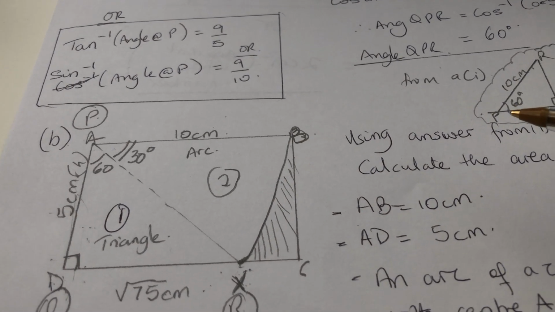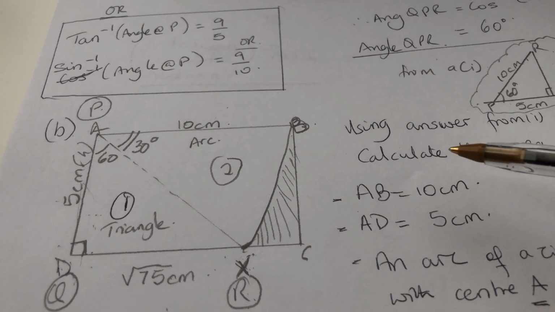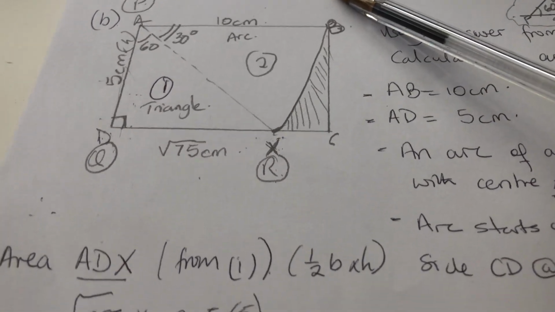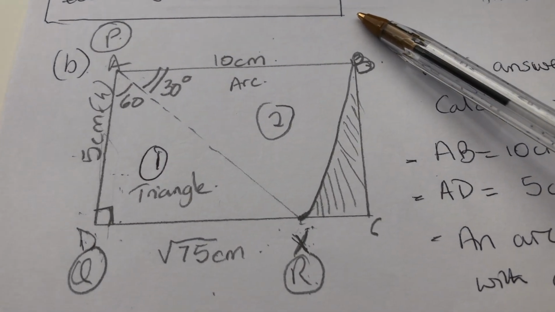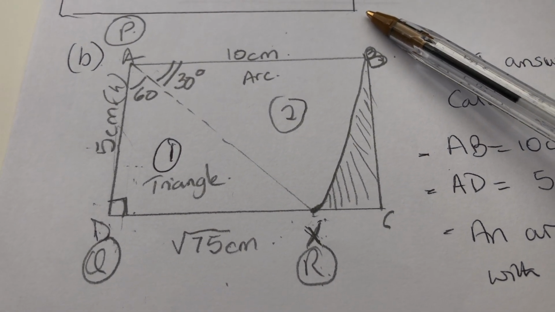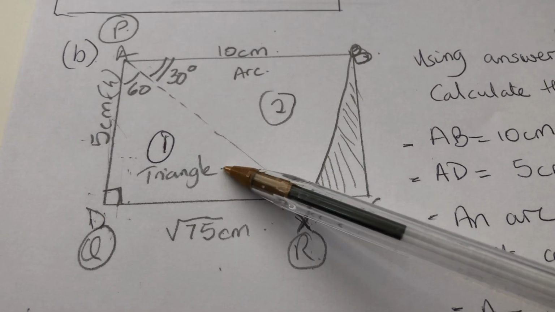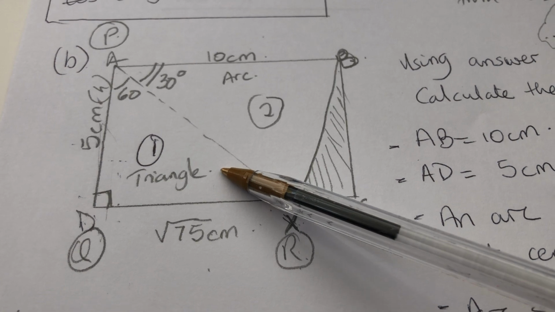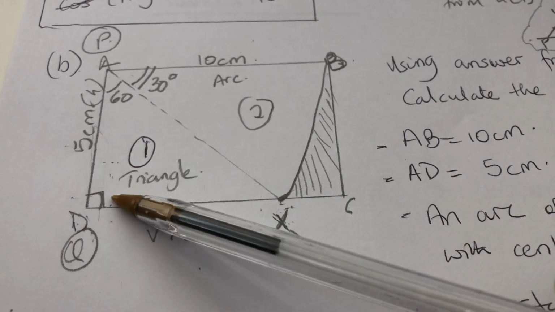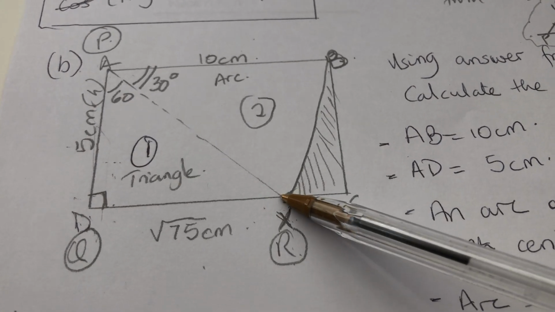Okay, so now let's get on if you understand what I've explained. Look at the diagram carefully. I'm going to find this area here. This is a triangle, so it will be half base times the height.